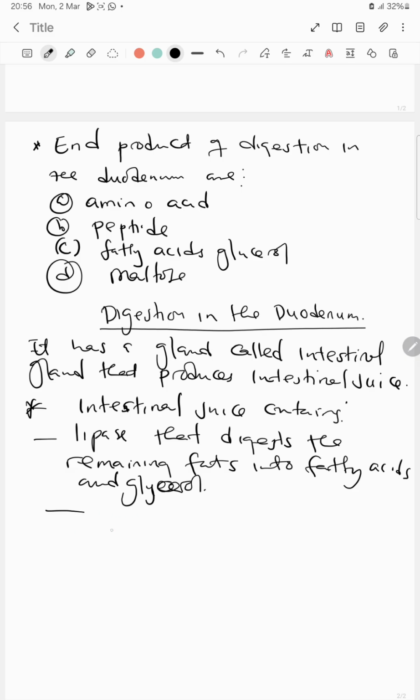Then we also have maltase, which digests maltose to glucose.